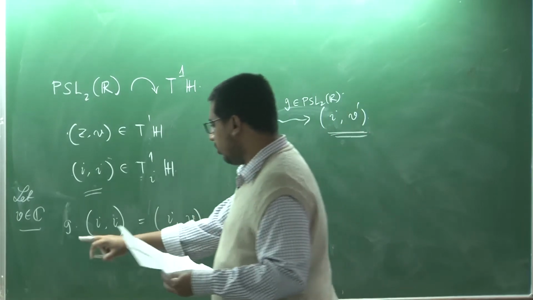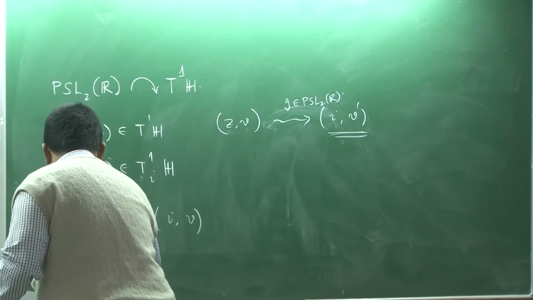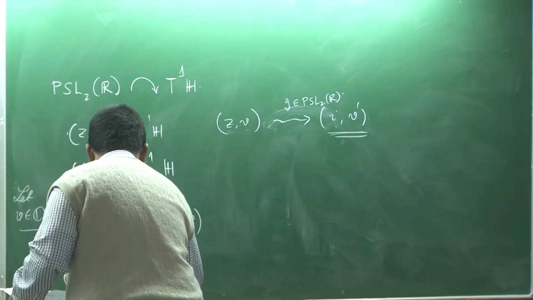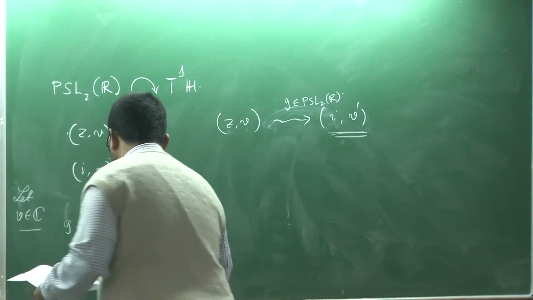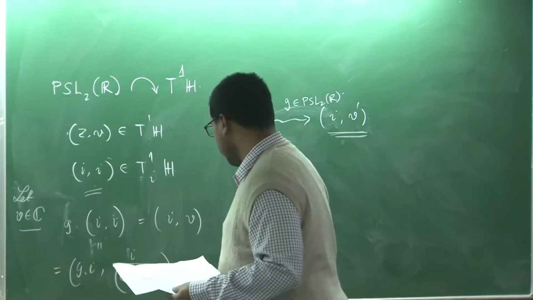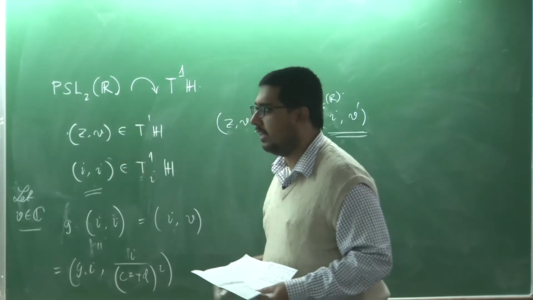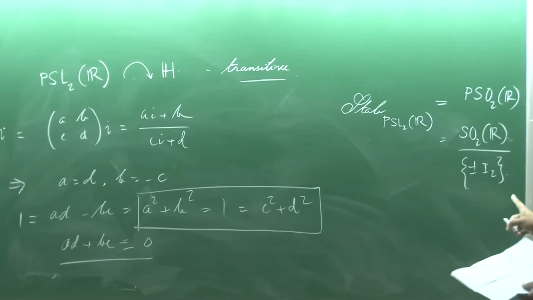Okay. So if we remember the action here, how is it defined? It just becomes G i, and then (1 over (Cz plus D) whole square) times v. That is how it is defined. And if this is to be equal to this, then G must come from the stabilizer of i. Now, we know the stabilizer of i is nothing but PSO(2,R).